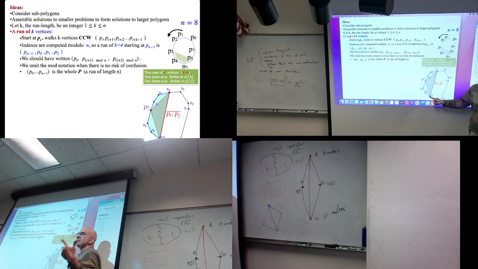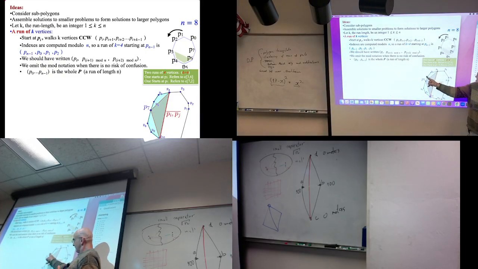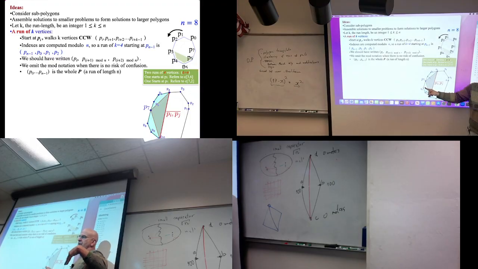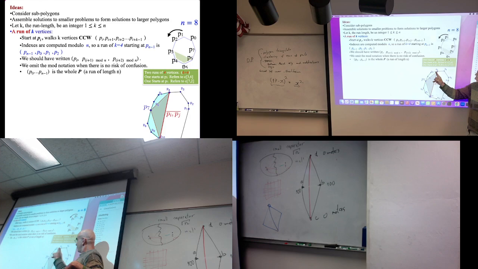Again, if I think about a subproblem P4 to P10, you're thinking about a completely new polygon, which is part of the original polygon. What is this? It consists of P4, P5, P6, P7, all the way to P10 that you need to triangulate. But what's the boundary of this polygon?